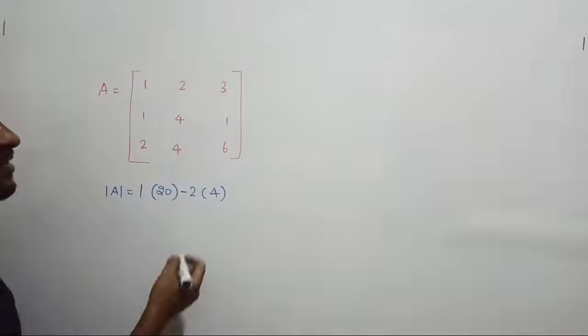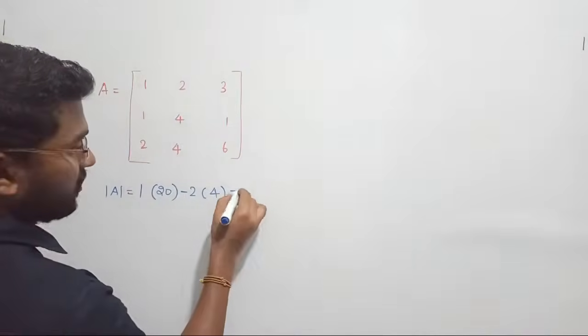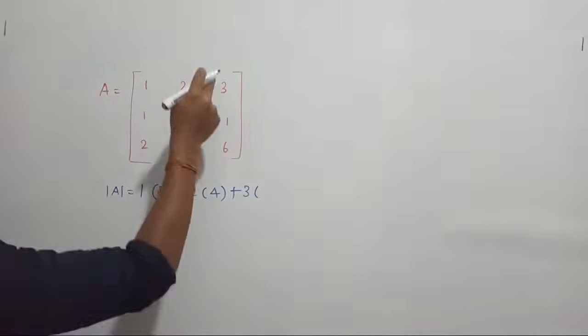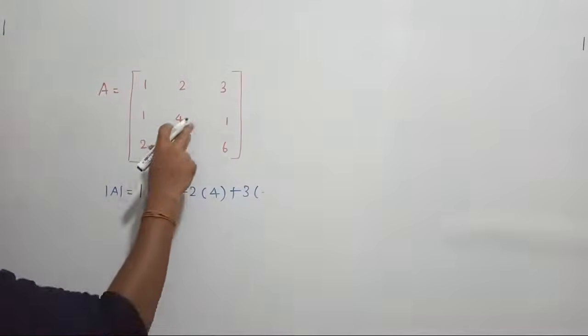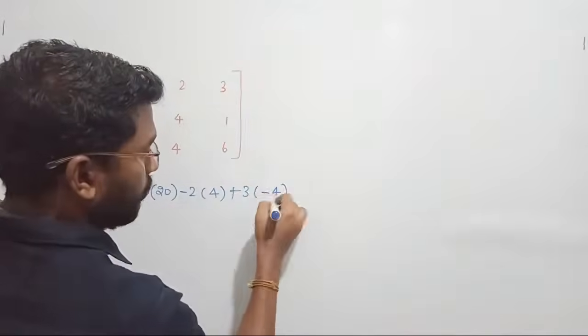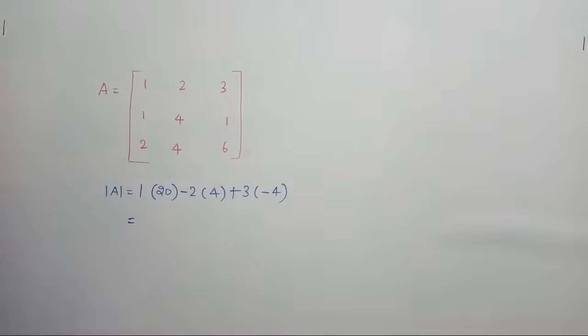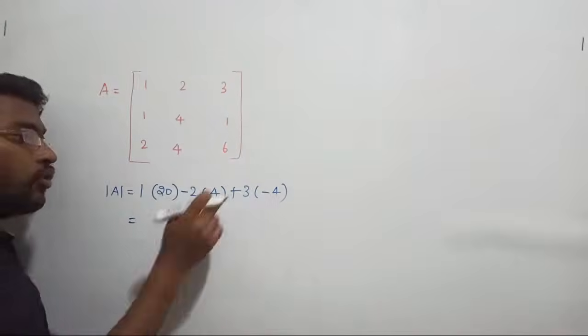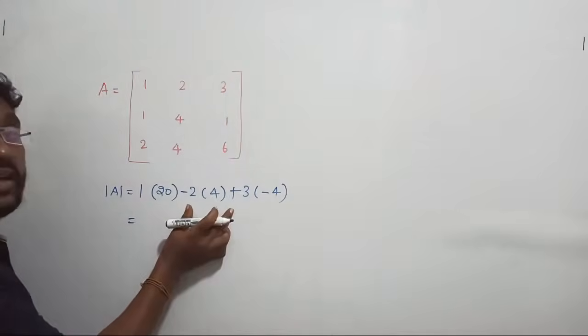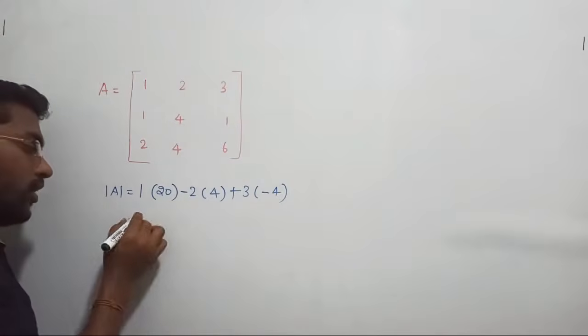Next, 1 minus 2, we have to consider plus 3, 4 minus 8 will give you minus 4. Twice of 4 will be 8, 3 times of 4 will be 12, but minus 12 minus 8 minus 20. 20 minus 20 will become 0.